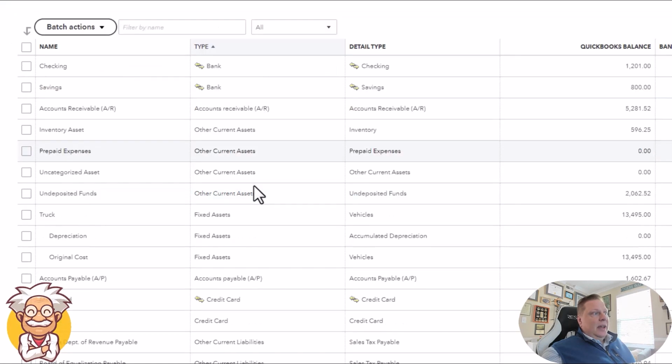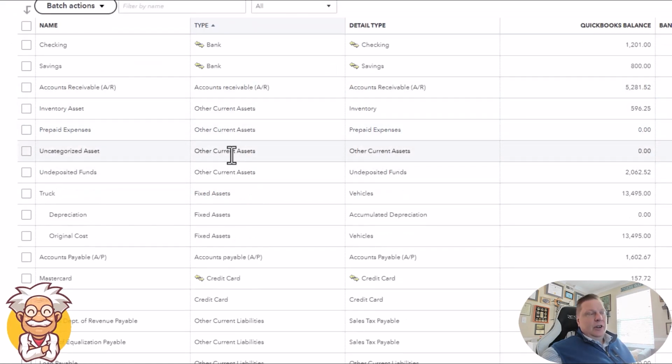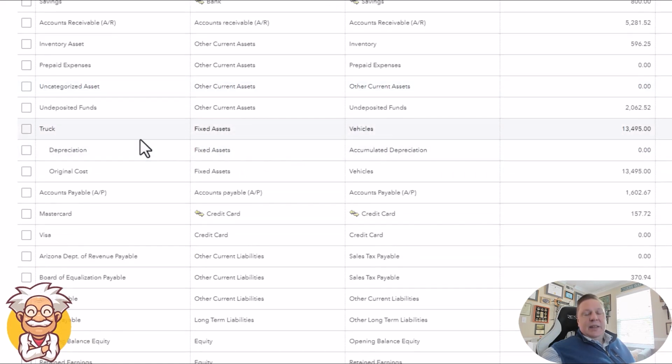So as we go down through here, you have your other current assets that you can create or eliminate, and then we get down to what are called fixed assets. Now, fixed assets are what you would call your depreciable assets. Those that do the taxes know that there are certain assets that you purchase for the company that can be depreciated for tax purposes.